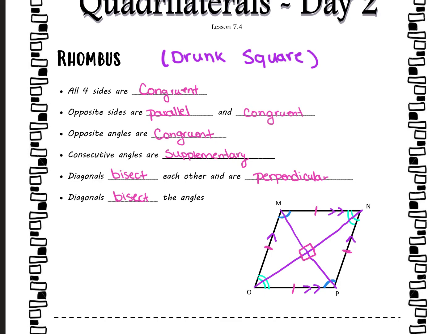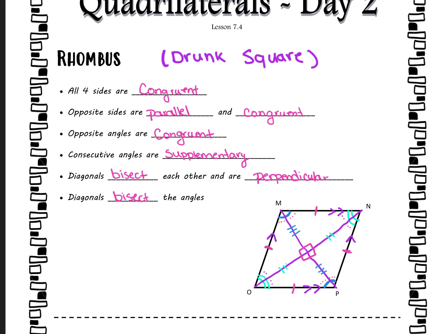And then we said they bisect, so this is going to be congruent to that, and that diagonal is congruent to that. And then the diagonals bisect the angles, so this angle where I'm putting these dots is going to be equal. And then on the opposite side, something like that, okay?